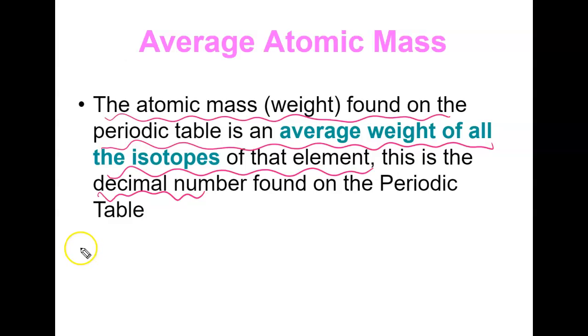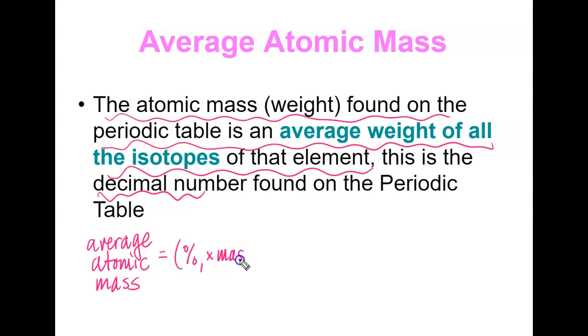So the average atomic mass can be calculated by taking the percent of isotope 1 multiplying by its mass, plus the percent of isotope 2 multiplied by its mass, and it would just continue going just like this.